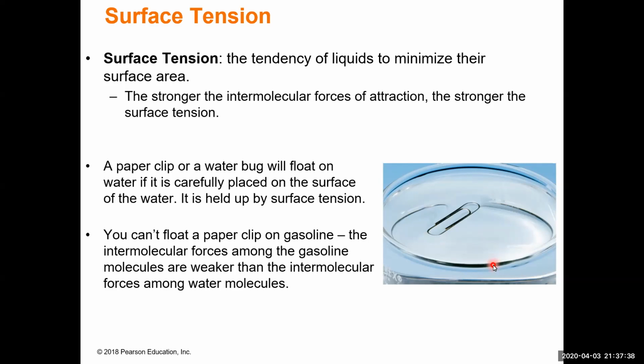Whereas if we're trying to float a paper clip on gasoline, we wouldn't be able to do it. That's because the intermolecular forces amongst the gasoline molecules are weaker than the intermolecular forces among the water molecules. So gasoline does not have a strong enough surface tension of its outer layer.